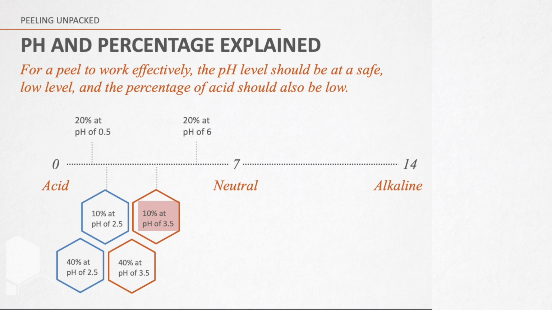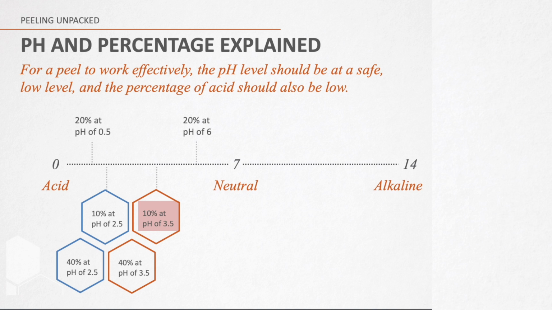So if you took an AHA acid or any sort of peel that was 20%, but it had a pH of 0.5, that's actually corrosive and very destructive to the skin. That's where we will damage the barrier and compromise the epidermal integrity of the skin, okay? If we have a peel that's 20% and a pH of 6, again, that's leaning more towards the neutral scale, and we're heading towards alkalinity, so it's not going to benefit the human skin.